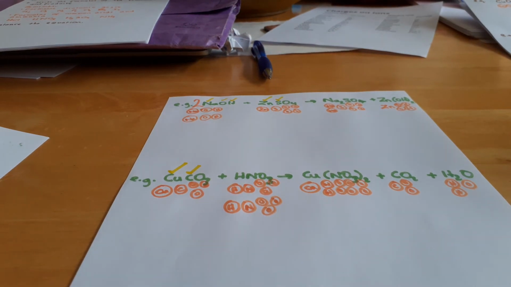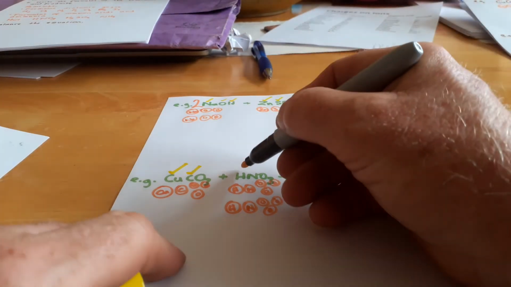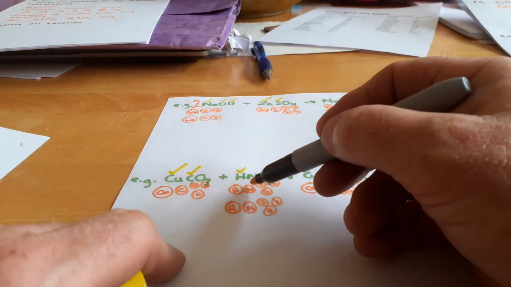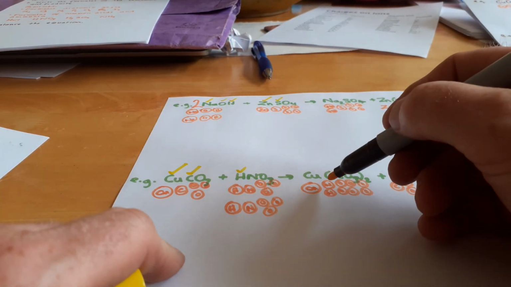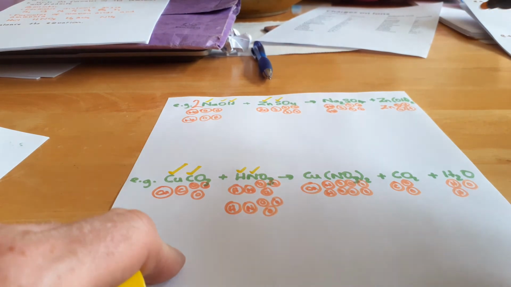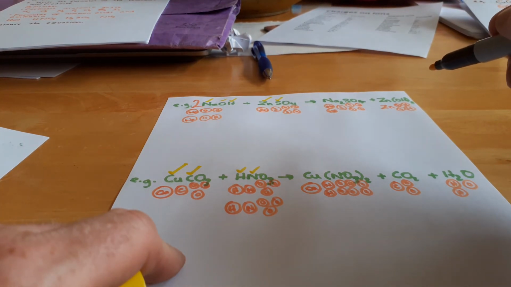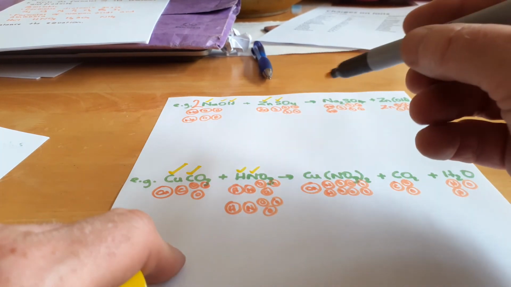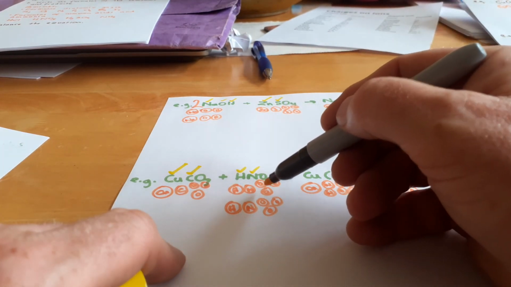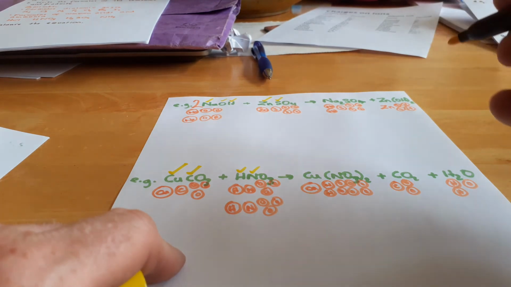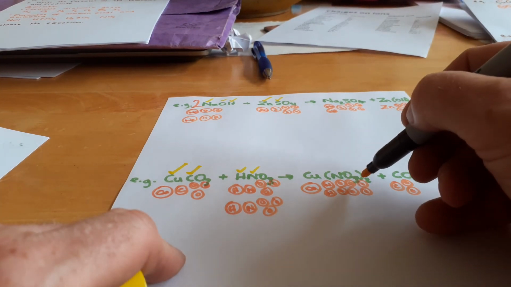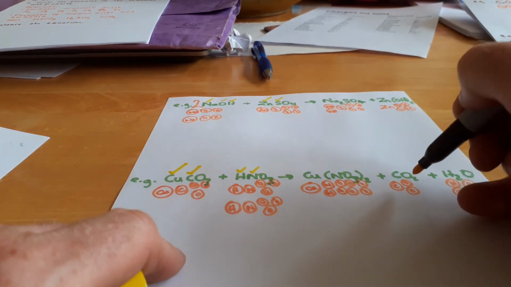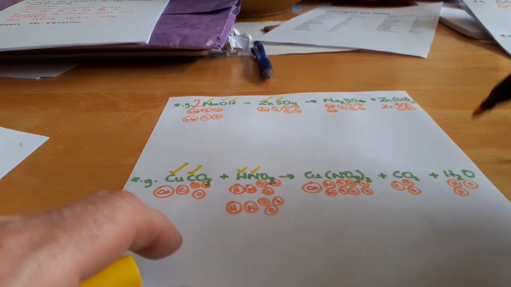So now your hydrogens are happy. We've got 2 nitrogens there, we've got 2 nitrogens there, so they're very happy. Now let's count our oxygens. 1, 2, 3, 4, 5, 6, 7, 8, 9 on each side.